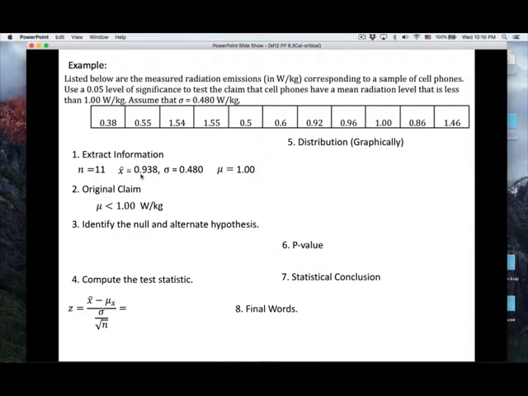You could use your calculator, plug this data into your L1, and then go to stat, go to calc, and one-variable statistics, find out the mean. And since they give the population standard deviation, we'll be using this one instead of the sample standard deviation. Population mean will be the same as this guy here. Okay, now figure out your null and alternate hypothesis.